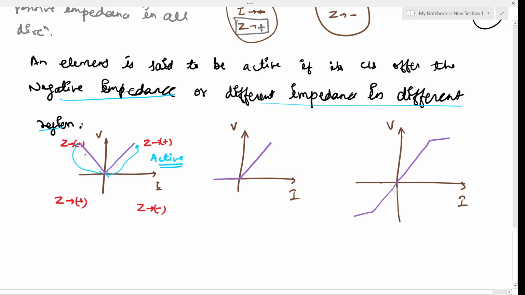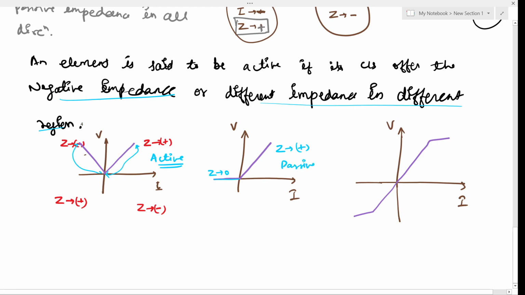Okay, but if we consider this case, what is that? Here impedance Z is 0. It is not positive, not negative. And here in this condition it is positive. So it is not offering a different impedance in different regions, 0 or positive. That's why this is the case of a passive element.